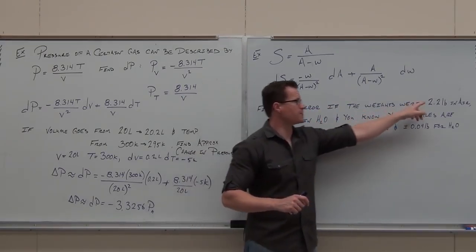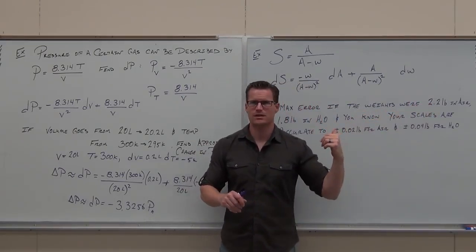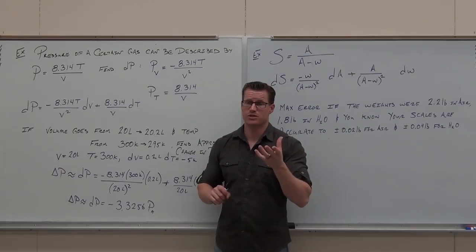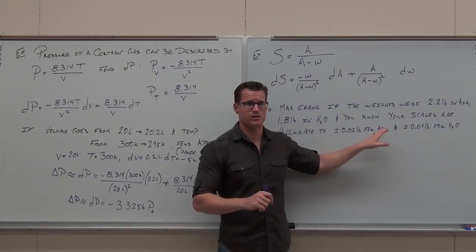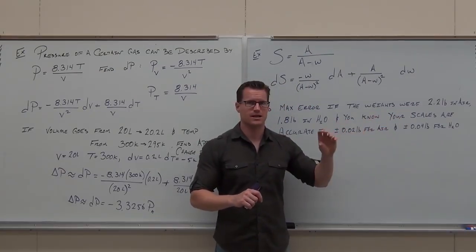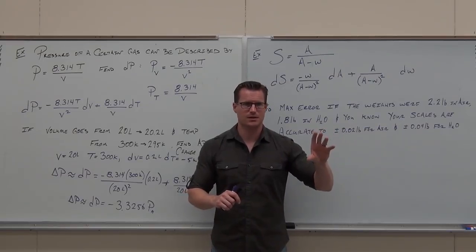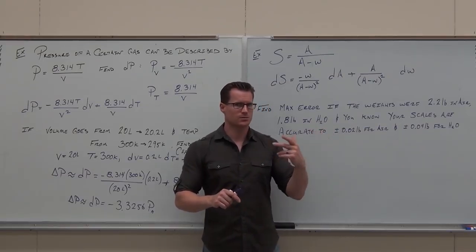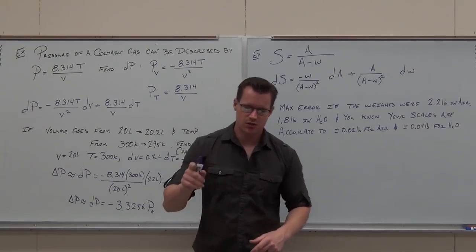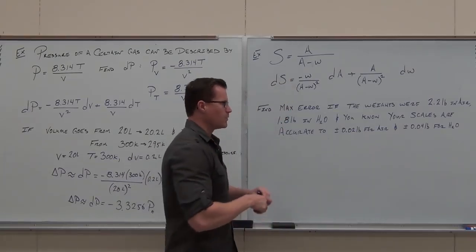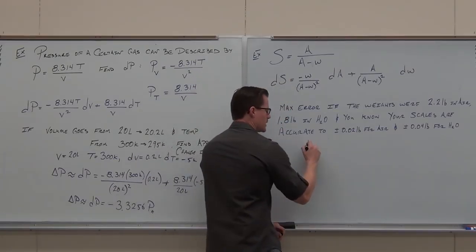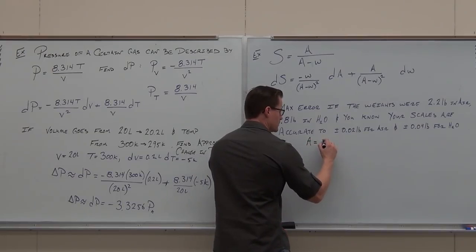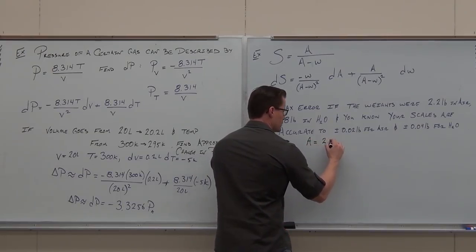Actually, with stuff this light, that's not that great. That's quite a bit of error percentage-wise for these two measurements. For heavier stuff, that'd be great. For this, that's not that fantastic. So we're going to get some large error out of this. But here's what to do with that. What is our A? 2.2.